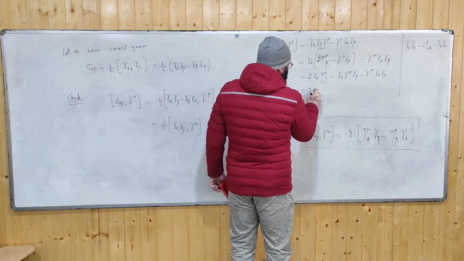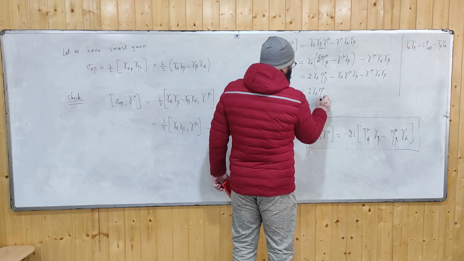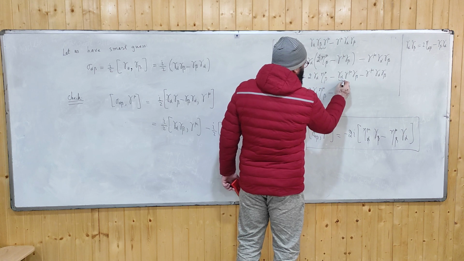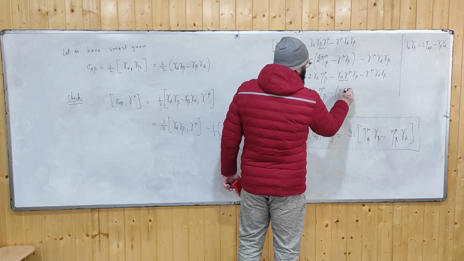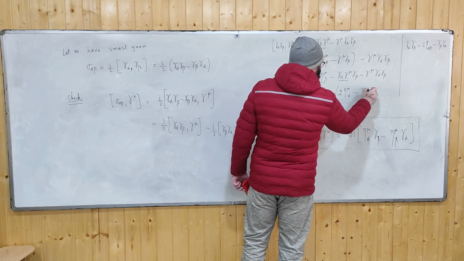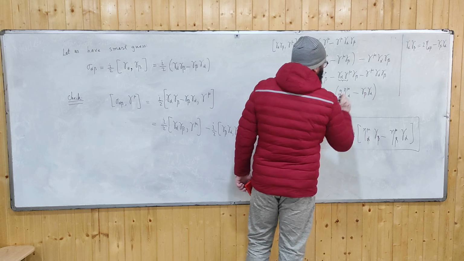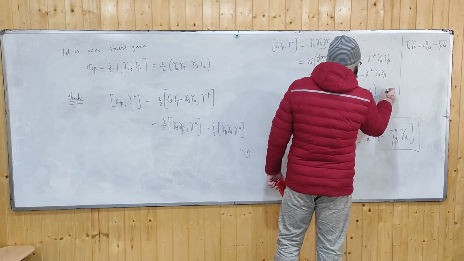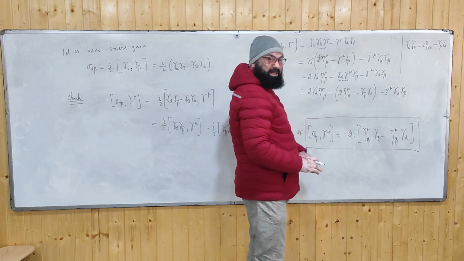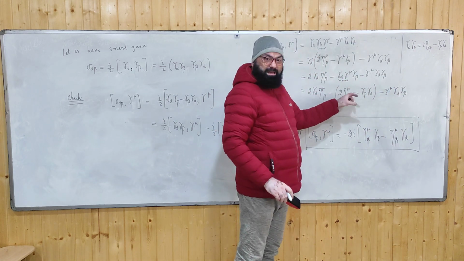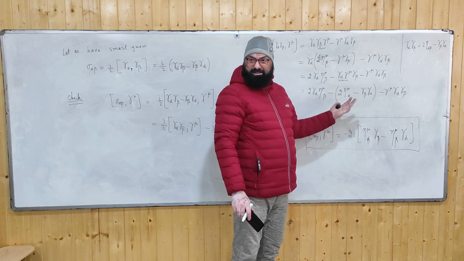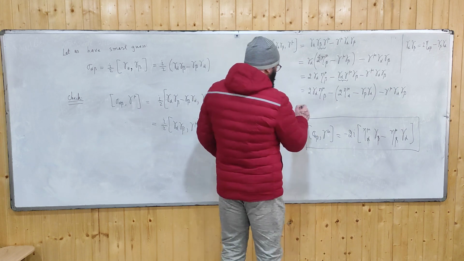Okay, so let's keep it as such. Now let's do this for this very term. You are having twice eta mu alpha, then minus gamma beta gamma alpha, and then minus gamma mu gamma alpha gamma beta. Clear? I used this: when you interchange the two, you get eta.